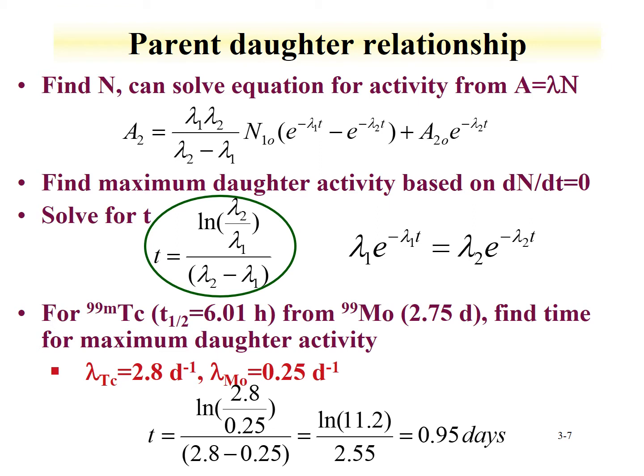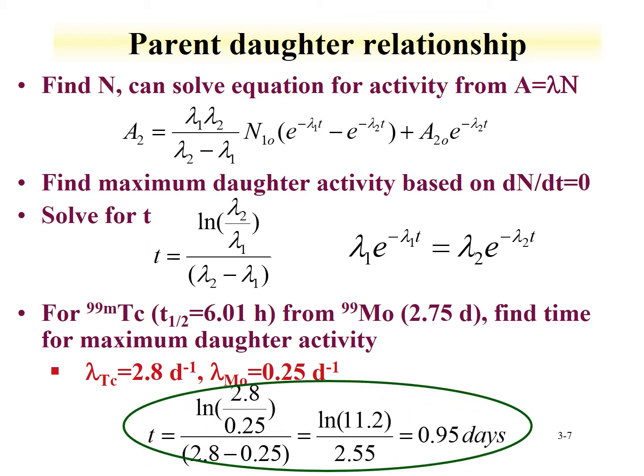And that's not too surprising. We don't need to know the amount of material that's available, parent or daughter. For it to reach a maximum amount of daughter, all it is is a ratio and a difference of the decay constants of the parent and the daughter.